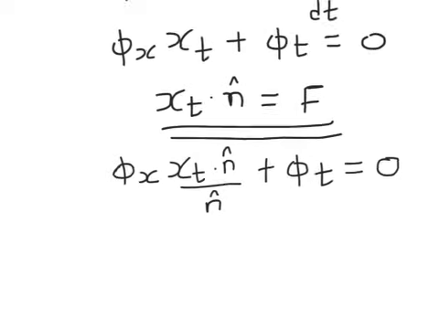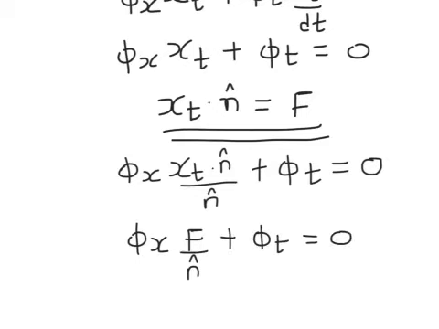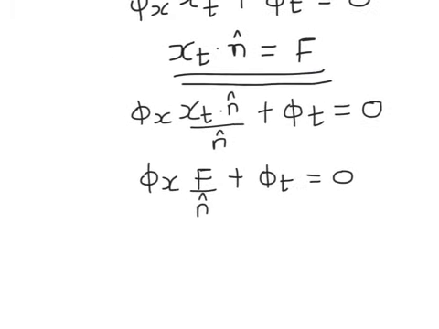and now we could say this is phi x, and I'll do this in multiple steps. So this is f and this is n here plus phi t, and as we saw in the previous video, this phi x is a spatial derivative, so that's given by del of phi, and this one is basically del of phi because it's a unit normal.